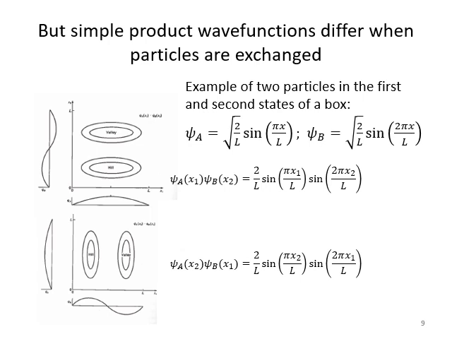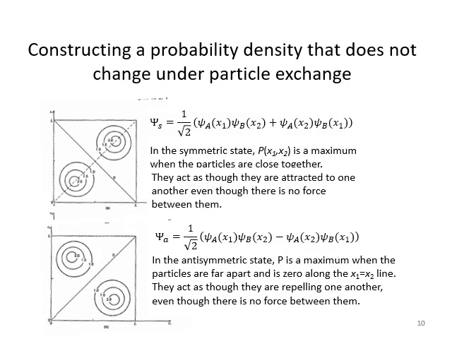How do we make the probability distributions be such that in this plot of x1, x2, position of particle 1, particle 2, it doesn't matter what happens when we switch the particles with one another? We exchange them with one another. So we want to construct a probability density that doesn't change under particle exchange. And here's a good example.